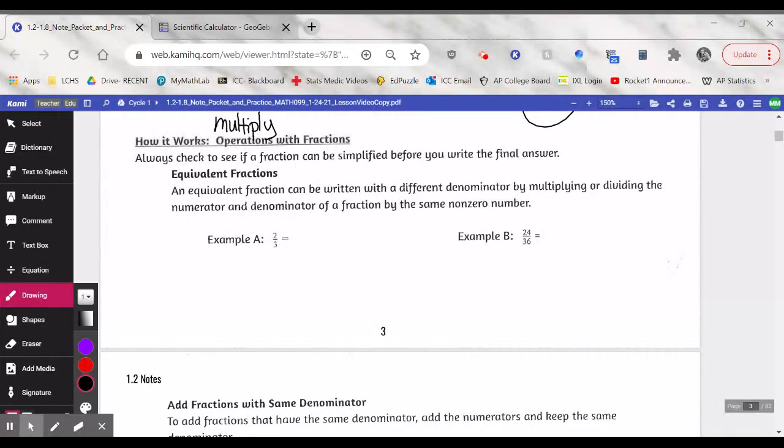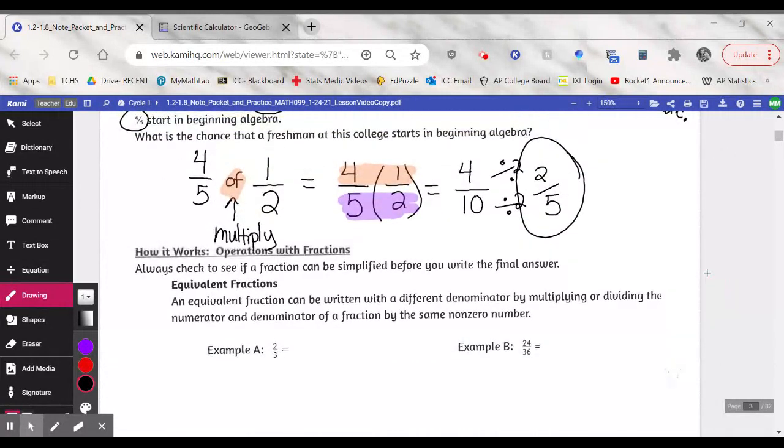Something really nice about your calculator is if you just type in the fraction, so if I wanted to type in the fraction 4 over 10 into my calculator, I can just enter it and then it will automatically simplify it for me. So I don't even have to put in an operation. I can just type in 4 over 10 and it'll simplify it to 2 over 5.